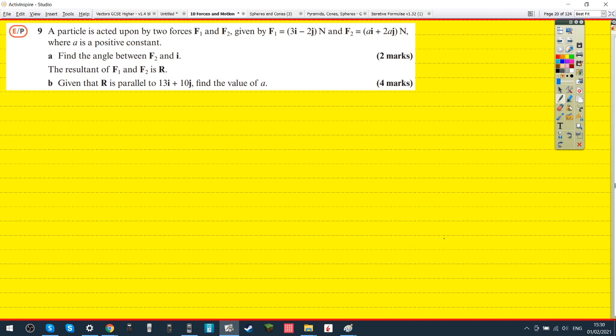Find the angle between F2 and I. I think you get the idea. The resultant is R, given that R is parallel. Let me see this one.